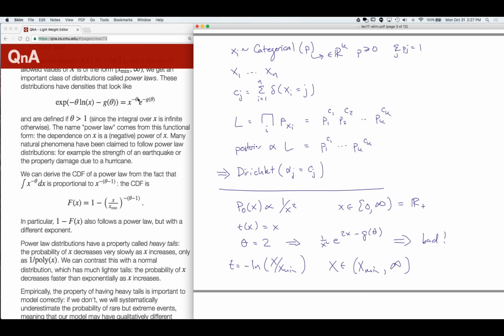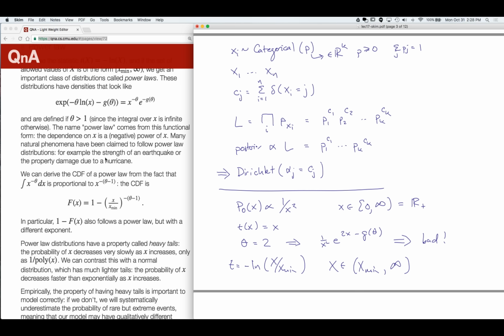If it decreases slowly, you have a heavy tail, and if it decreases quickly, you have a light tail. If you look at a normal distribution, the probability goes down like e to the minus a multiple of x squared, which is really, really fast. Big values of x become nearly impossible. Whereas a power law distribution could go down only as x to the minus 2, for example.